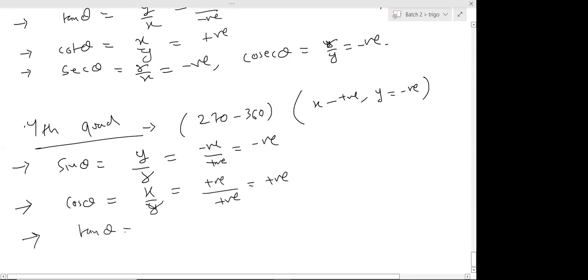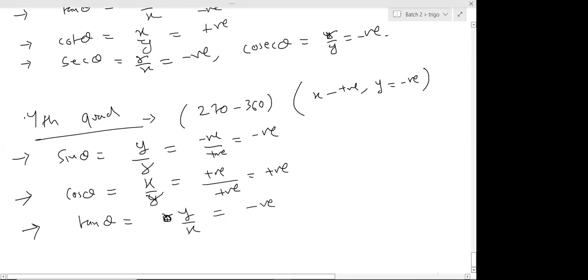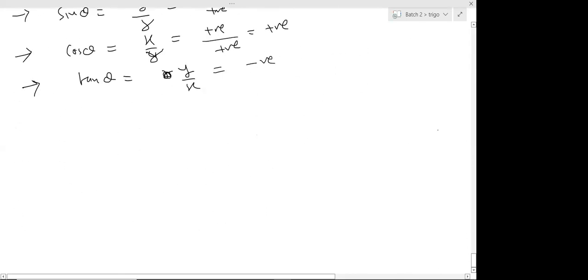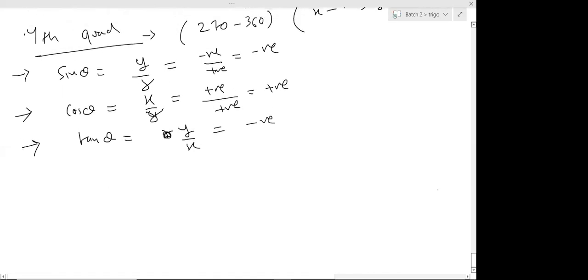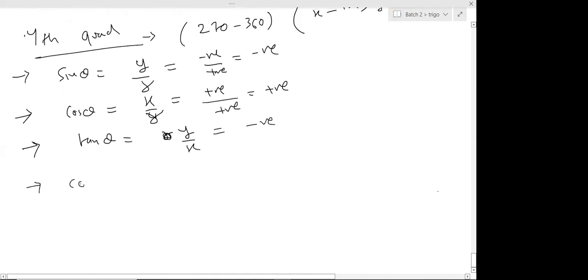Tan theta is y upon x. So this is negative. Cot theta, x upon y, negative. Sec theta is inverse of cos theta, r upon x.